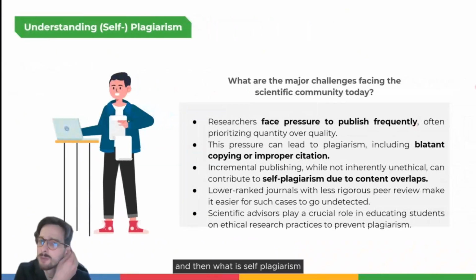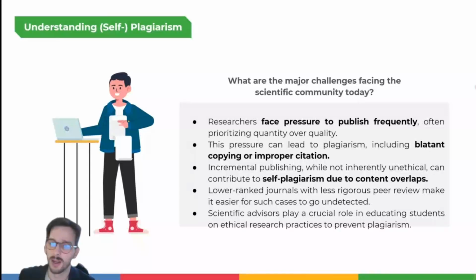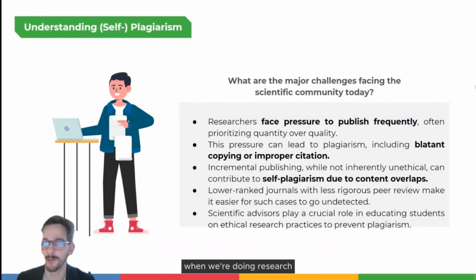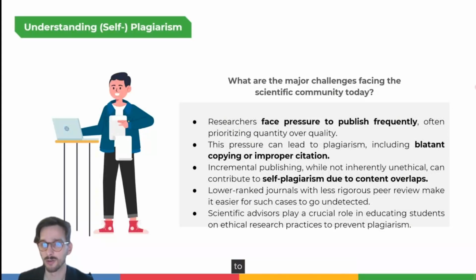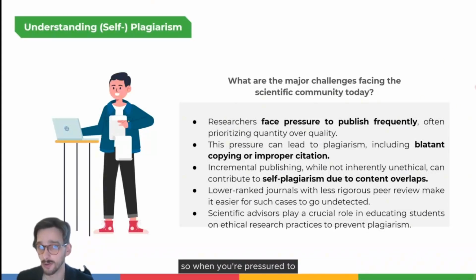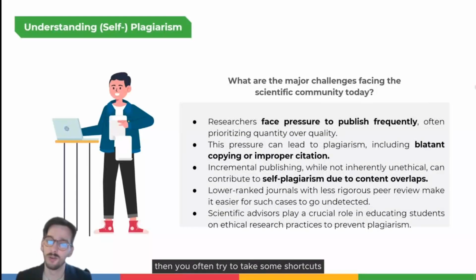And then what is self-plagiarism? Plagiarism, especially when we're doing research, we're often pressured to have certain deadlines to publish. When you're pressured by a time deadline, then you often try to take some shortcuts.